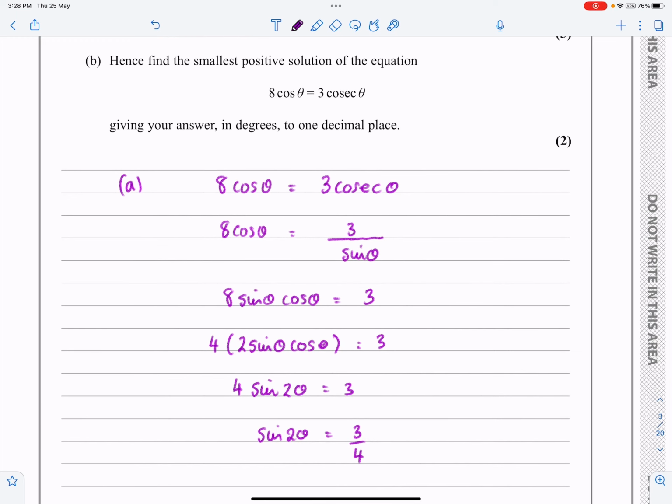Part B says, find the smallest positive solution of that equation, and the solution of that equation is going to be the same as the solution of that equation because of all the work that we've just done here.